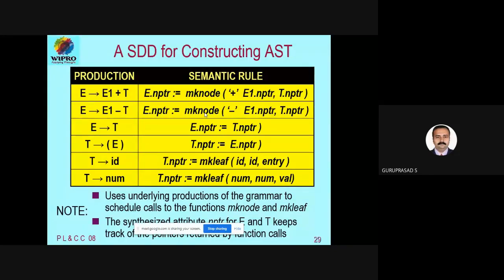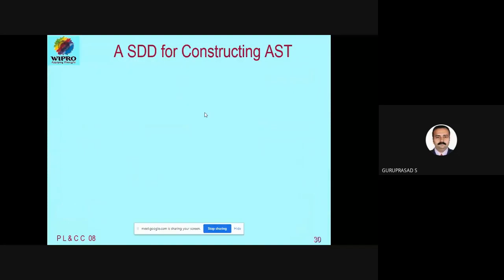See, if we have E produces E1 plus T, E will become a node pointer, and we call make node with plus and one pointer to E1, one pointer to T. Similarly, we have the other semantic rules. You don't need to remember this, it is just to show how it is procedurally calculated.